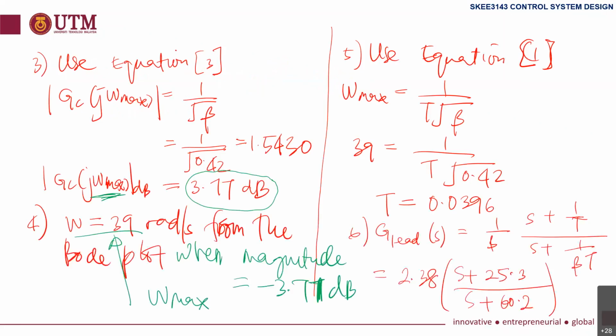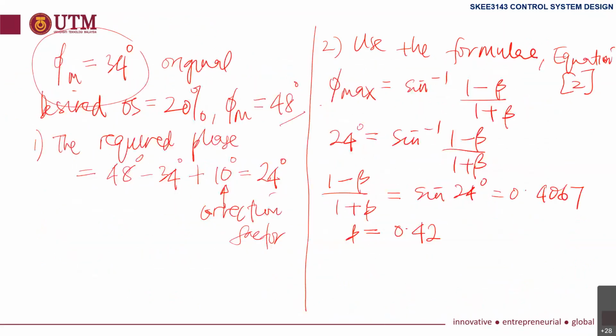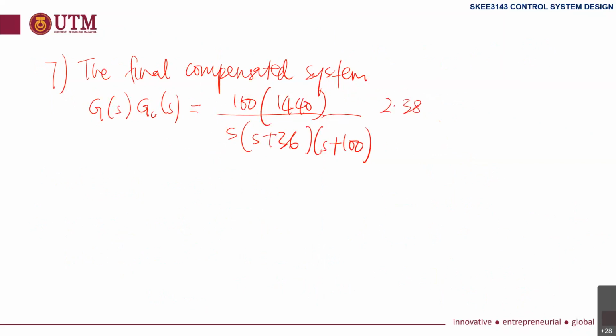G is 100, K we know, K at 3600, 1440 over S(S+36)... And we need also to multiply with 2.38 times S plus 25.3 over S plus 60.2.